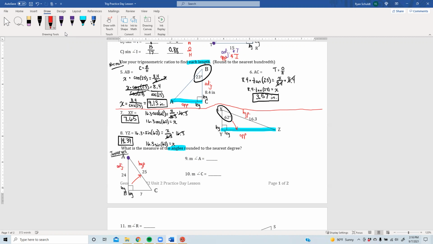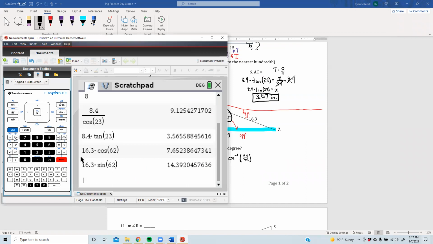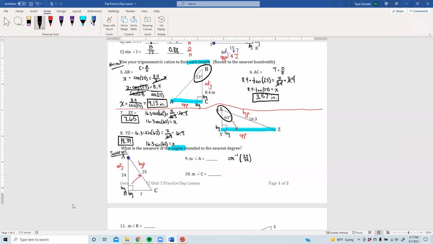Which one uses adjacent and hypotenuse? Cosine. So I need to do the cosine inverse of 24 over 25. So the cosine inverse of 24 divided by 25. Nearest degree would be 16 degrees.